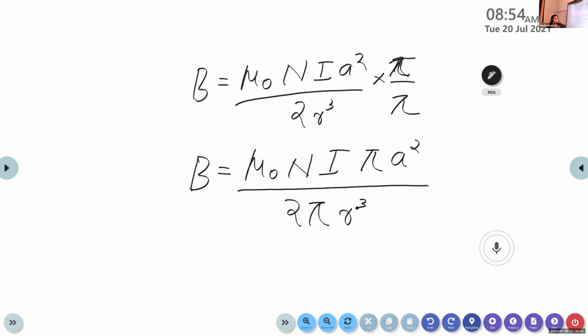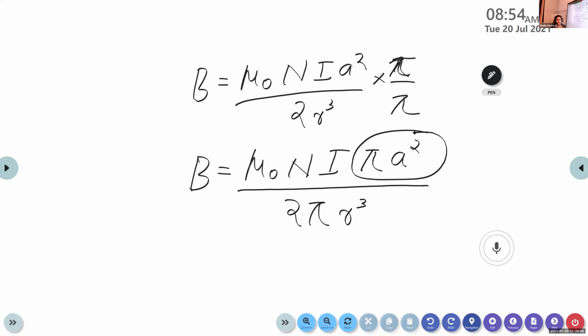We just rearrange the terms. So my next question, what does this pi a square represent in the numerator?